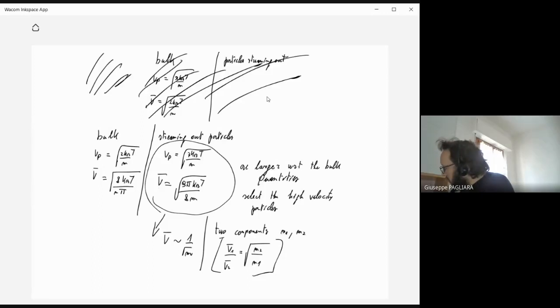Therefore, the lighter the particle, the larger the average velocity.